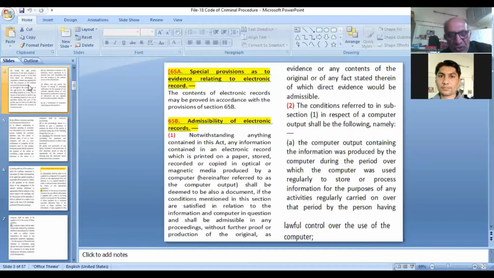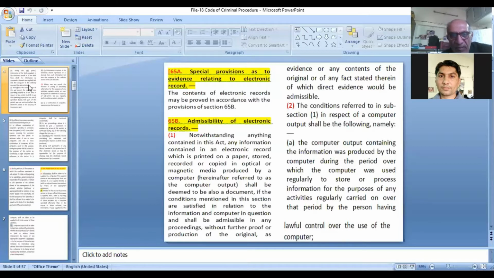Number two, stored, recorded, or copied in optical or magnetic media. The word used is media. So it is a very wide reservoir. It is not simply a word with which some technical meanings stand attached in ordinary language.